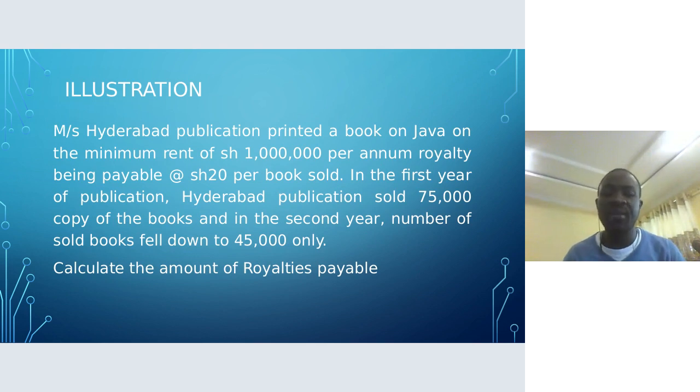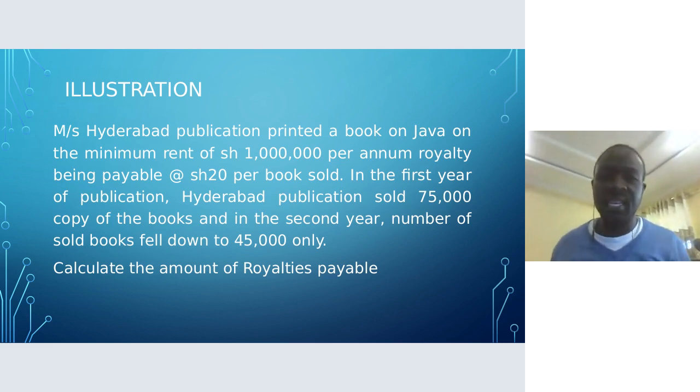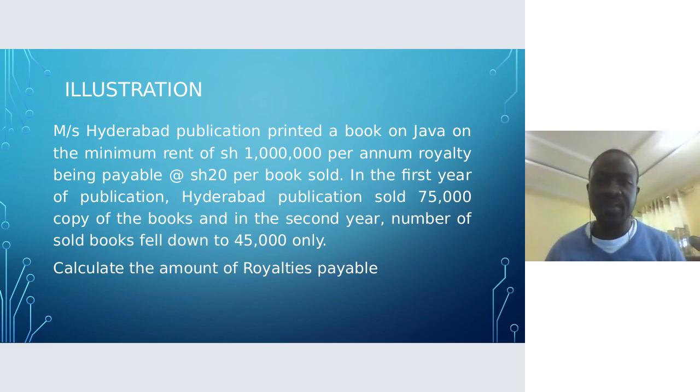Now, we may have an illustration. So, for example, if MS Hyderabad publication printed a book on Java on the minimum rent of 1 million shillings. So the minimum rent in such a case is 1 million. It is payable per annum. Now, the royalty being payable is at 20 shillings per book sold.